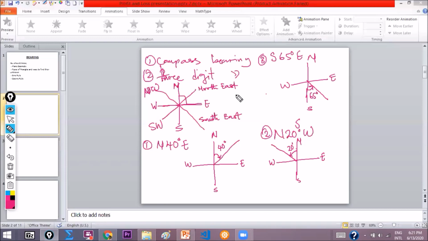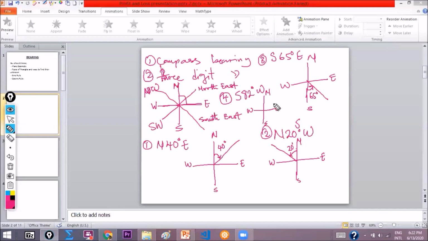Can you do this one? Let's try this on your own now. You have south 82 degrees west. How do you represent it? I hope you have a sheet of paper. First you draw the cardinal points, the north, south, west, and east.